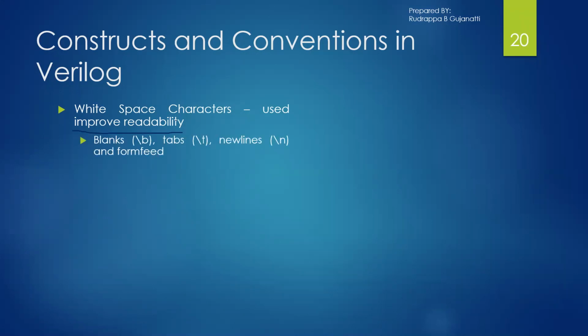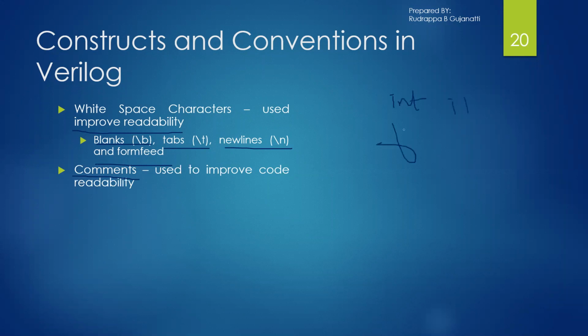So what are the different white spaces? Blanks, tabs, new lines, form feeds, then comments. Comments are basically used to improve the code readability. As I specified previously, I had int I1 and float F1, and here I have just declared I1 and F1. Now if I want to improve the overall code readability, I put a comment over here.